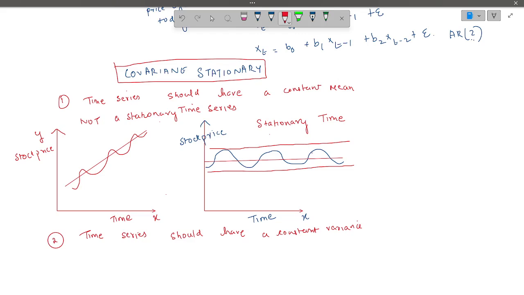So this again is the second condition that we need to satisfy, कि इसका variance एक range के अंदर है. Basically the time series is revolving around a constant range. So the time series should not go beyond a constant range. अगर वो if it goes beyond a constant range then it is not a stationary time series.